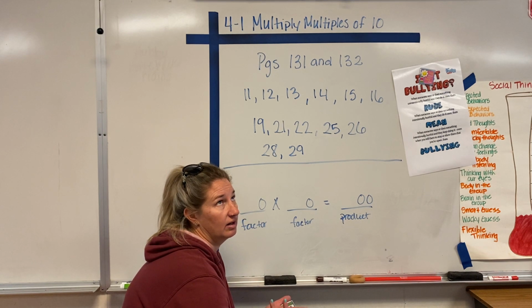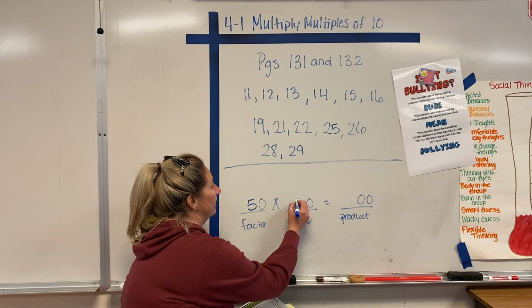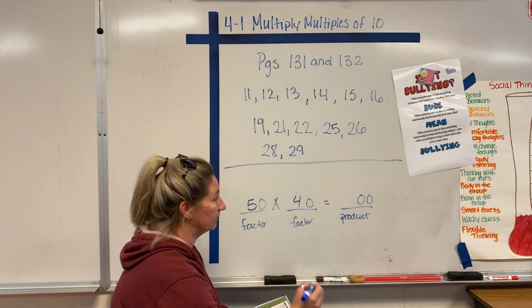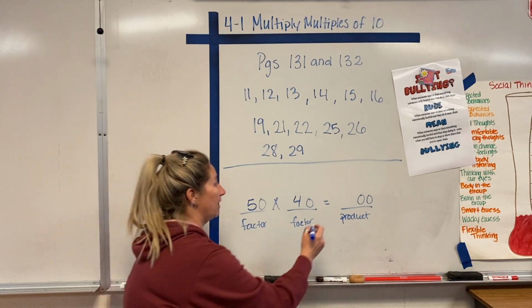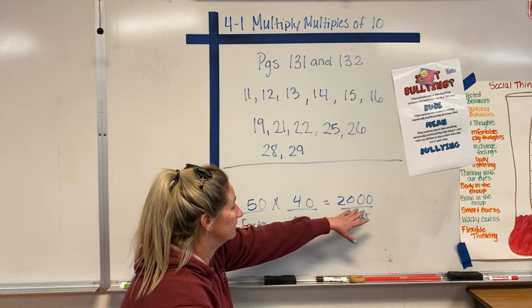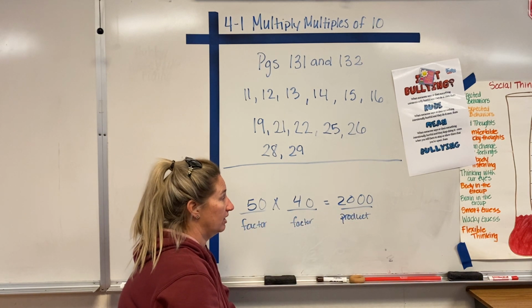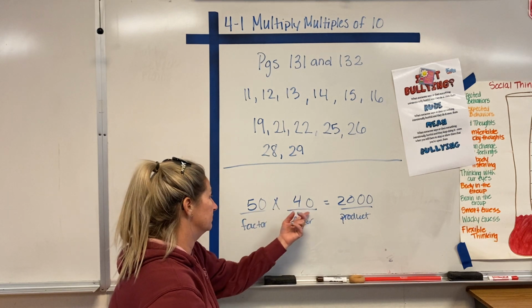I think 5 times 4. 5 times 4 is 20. That's a multiple of 10. So that would put a 20 here, and then I have 3 zeros in my product and only 2 zeros in my factors.